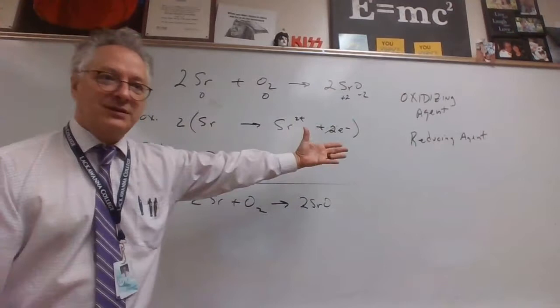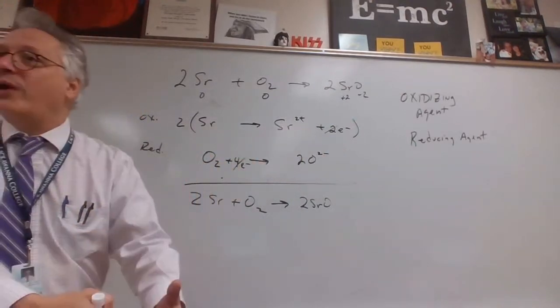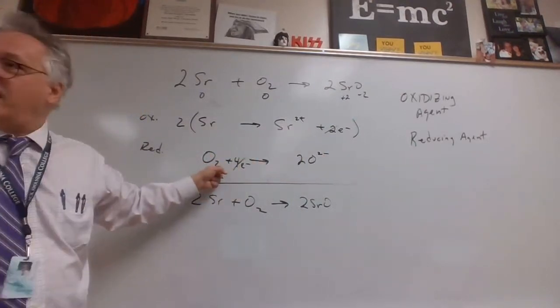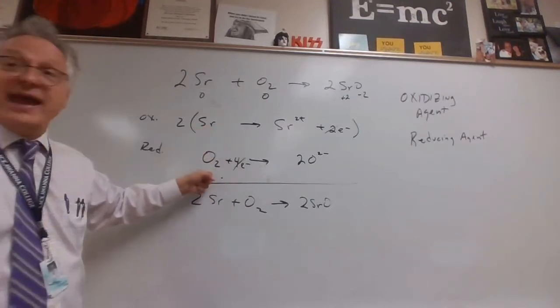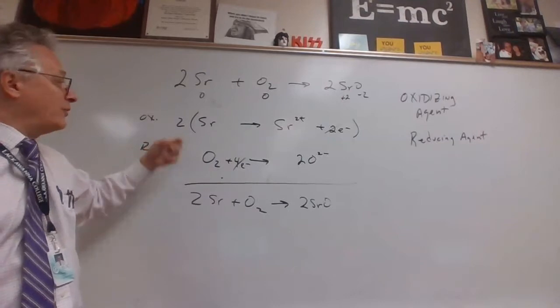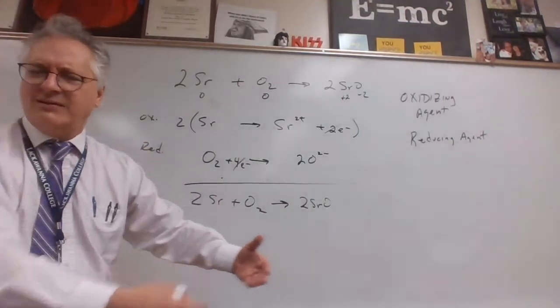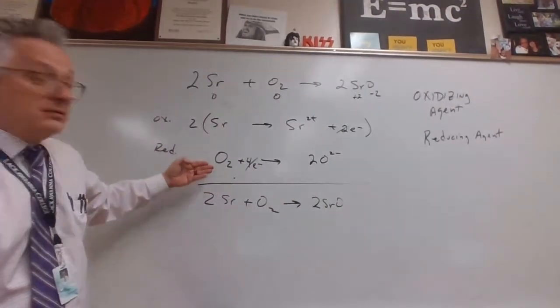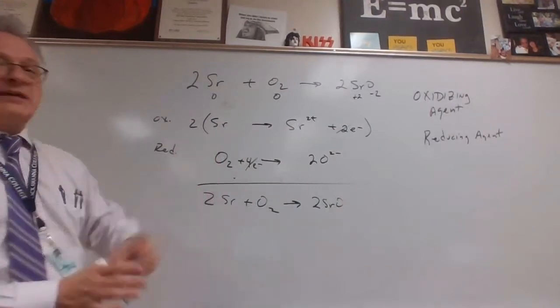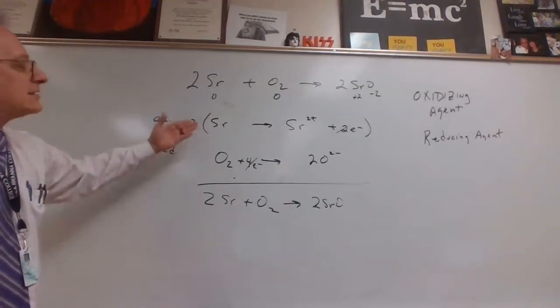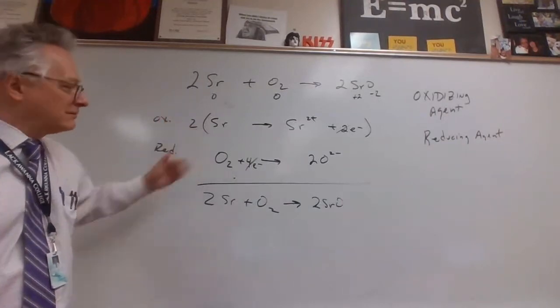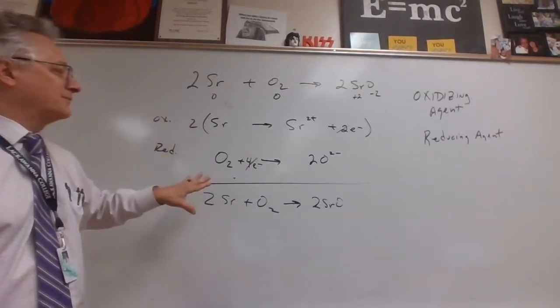It's losing electrons. Those electrons have to go somewhere. They're going to go to the oxygen. So strontium is the reducing agent, even though it's being oxidized. It's doing the reducing. It's saying, here oxygen, I got some electrons for you. So it's going to be the agent that causes the reduction.